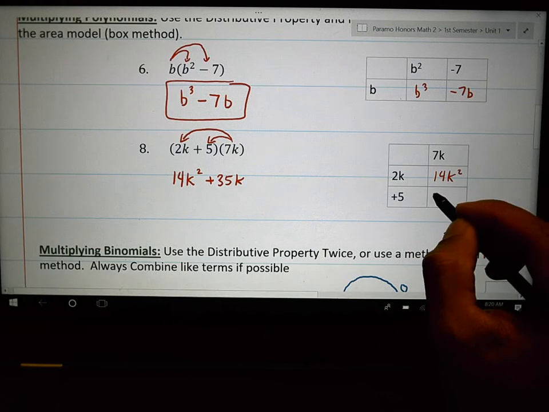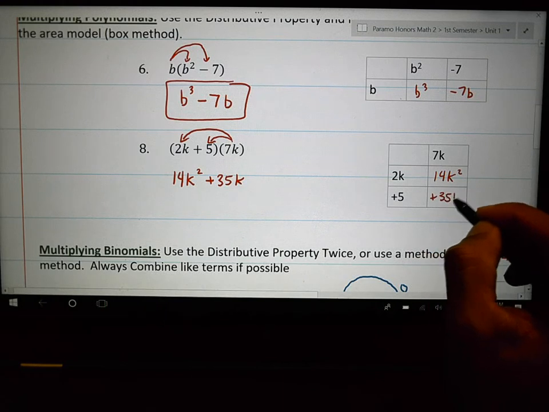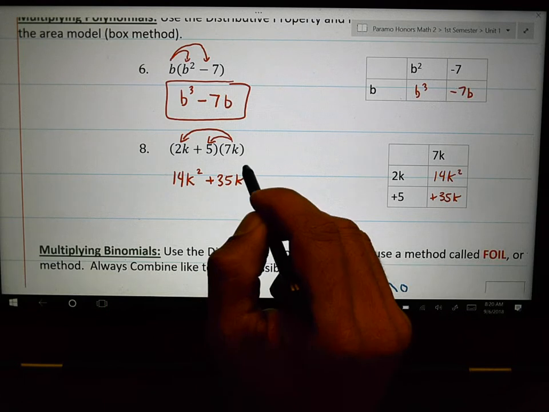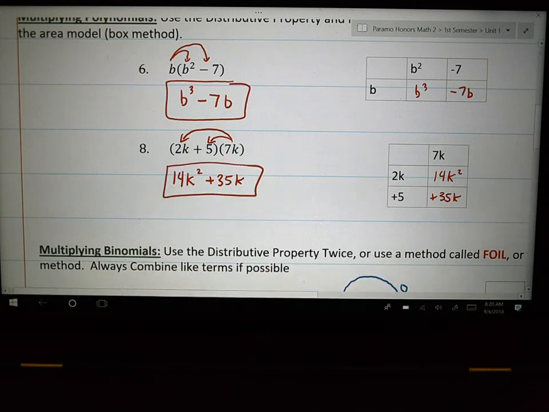Same thing that it would be there, 35k. There's our area model. Can we put these together? No, they are not like terms, so that's what our answer would be. So far, so good. Any questions?